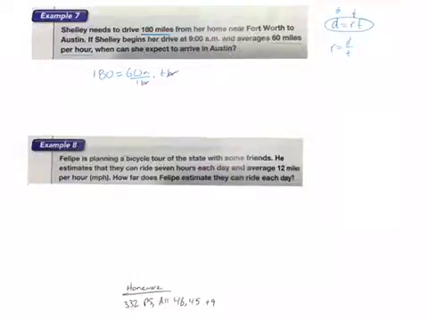So then what I have is 180 is equal to 60t. To solve for t, I'm going to need to divide by 60. This will reduce to become 1, and I will end up with t, or my time, is equal to 3 hours.